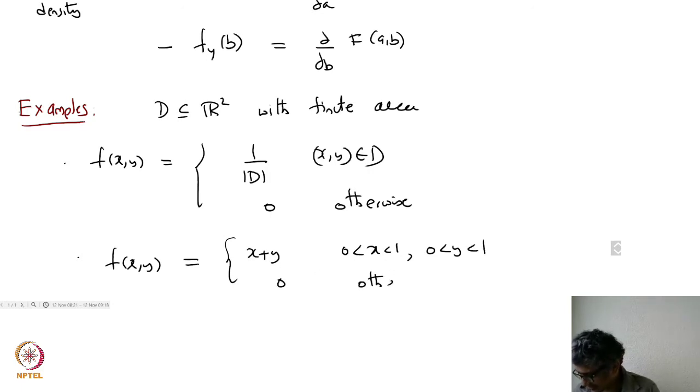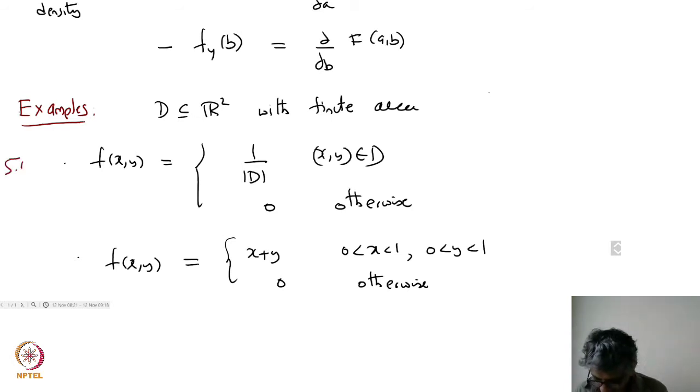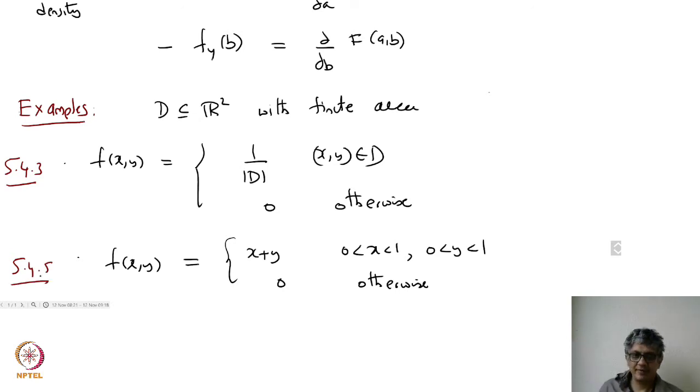So these are two examples that we have done so far. I'd like you to keep this in mind. These were examples 5.4.3 and 5.4.5, and we had computed some probabilities with regard to these figures.